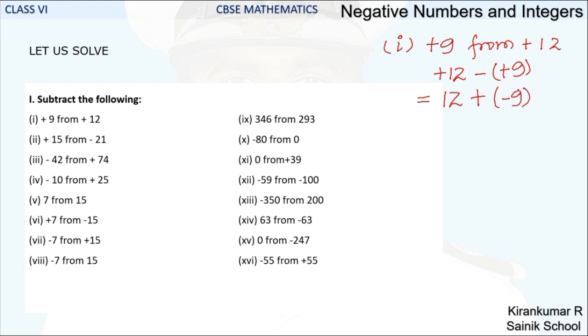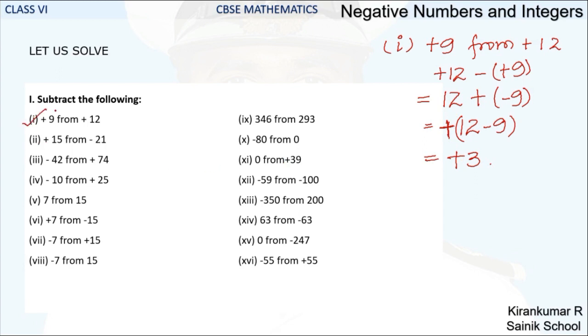I'll change the sign of this integer +9. When addition of two integers of unlike signs is there, we are going to subtract from the larger absolute value the smaller absolute value, and we are going to take the sign of the larger absolute value. So the result obtained is +3.